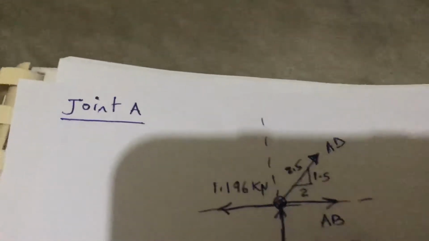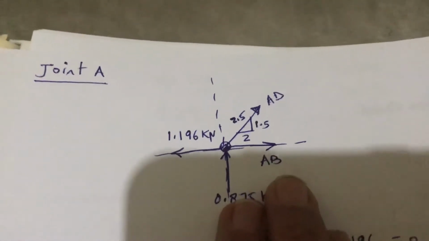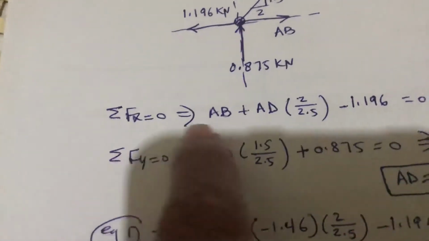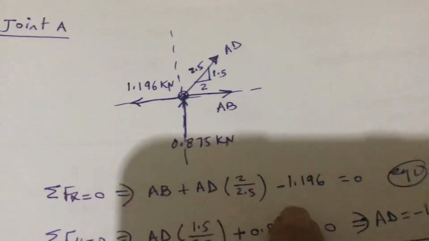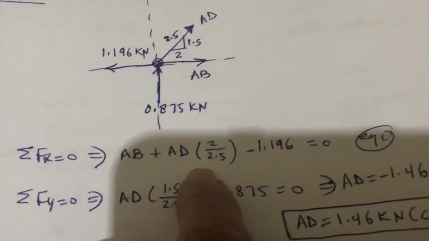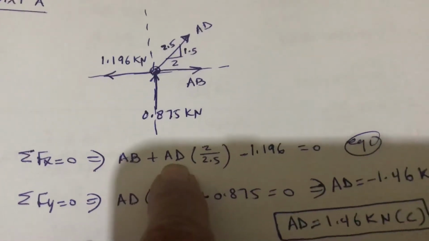According to the joint method, the only 2 equations are summation of forces in x equal to 0 and summation of forces in y equal to 0. So let's find summation of forces in x equal to 0. AB minus 1.196 plus AD times 2 over 2.5. So we have 2 unknowns and 1 equation. Let's go for the next one.